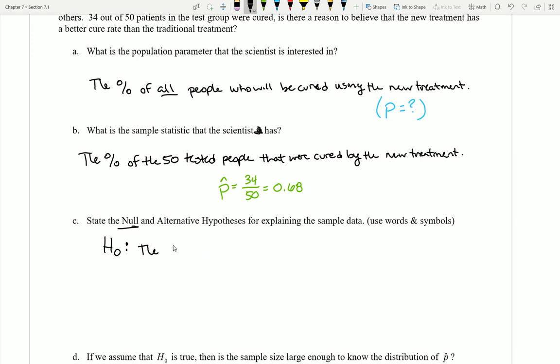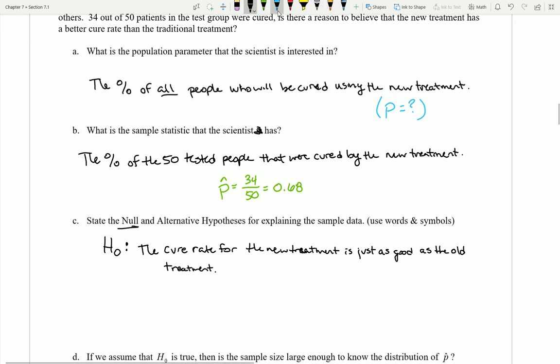So it's going to claim that the cure rate for the new treatment is just as good as the old treatment. Right? Like the scientist hasn't come up with anything too miraculous here. It's essentially just an unsuccessful project, right?